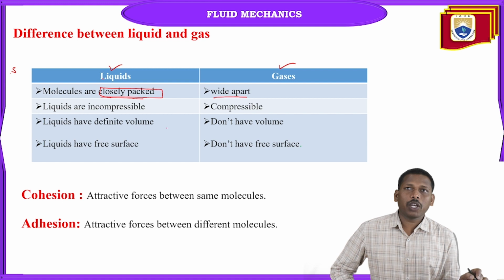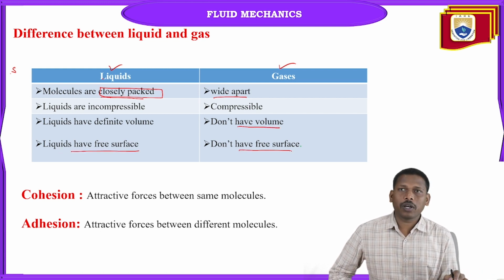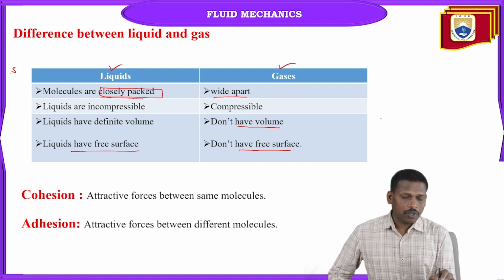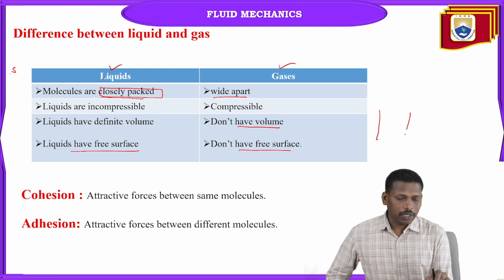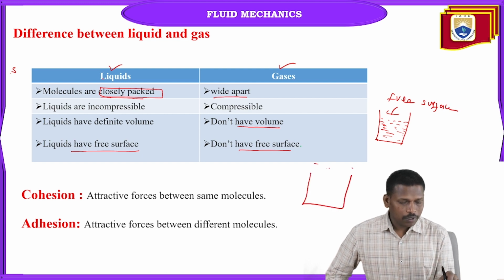Liquids have definite volume, and in case of gases, we don't see any definite volume, whereas liquids have a free surface, and in case of gases, we don't observe any kind of free surface. So for example, there is a free surface in case of liquids, whereas in gases you won't observe any free surface.